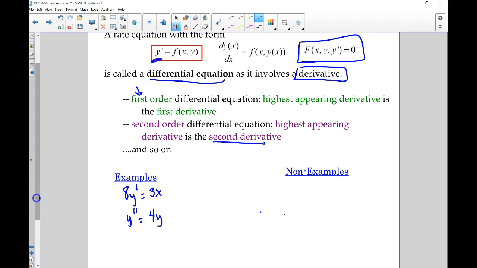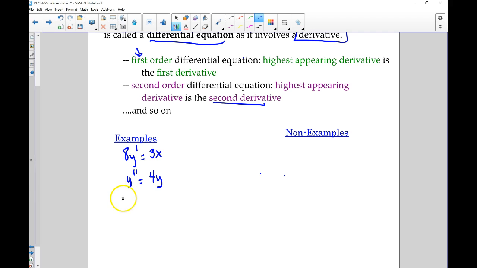Some other examples that we might see: y prime times 8 plus 3y plus 2x is equal to 0. Again, all we need is something where at least one term of the equation has a derivative in there.